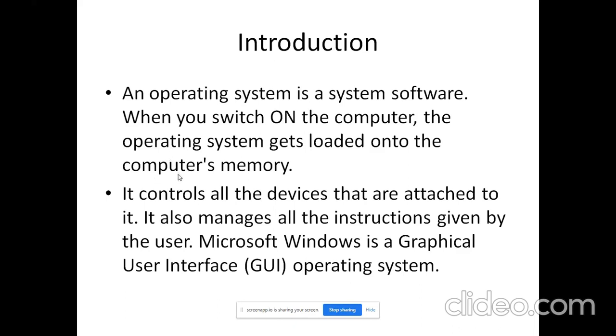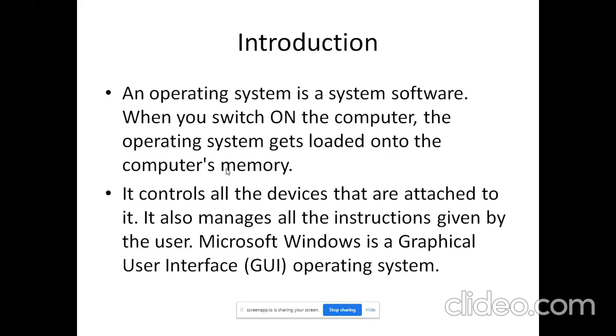So remember this. Now, Microsoft Windows is a graphical user interface, that is GUI, operating system. The operating system which we use in our computer lab is Microsoft Windows 7, and it is a graphical user interface operating system. What does graphical user interface mean? We have seen that part also in third standard.